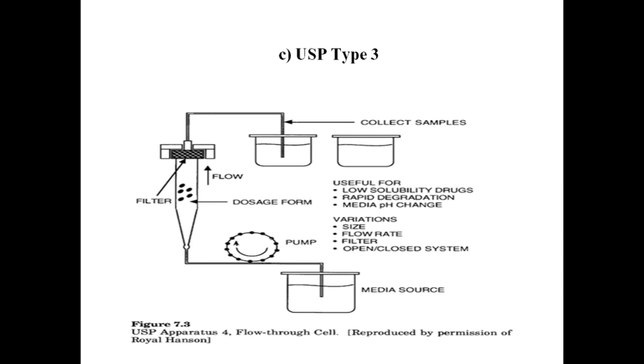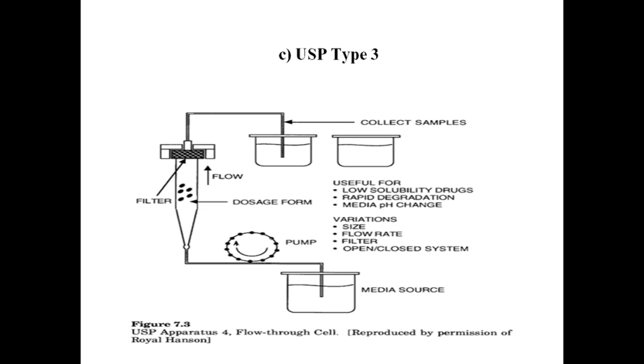Figure 7.3 shows a schematic diagram of USP apparatus 4. This apparatus consists of a flow-through cell into which the dosage form is placed. Dissolution medium is continually pumped through the flow cell and the effluent analyzed for drug content.